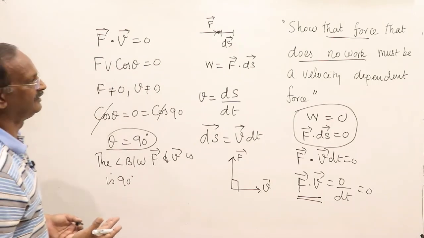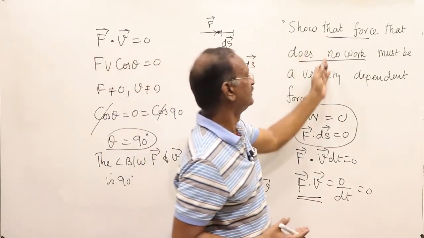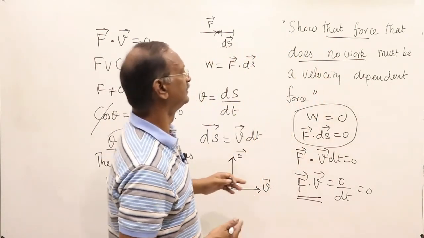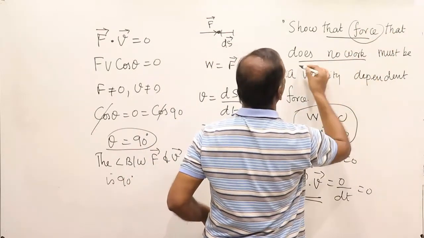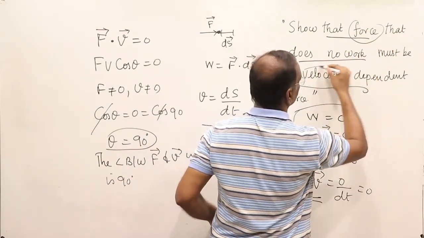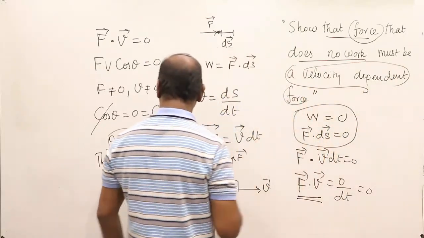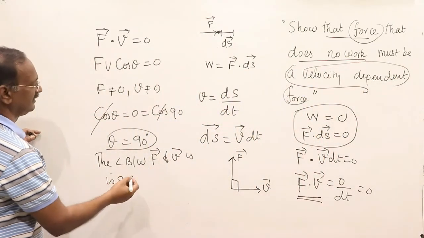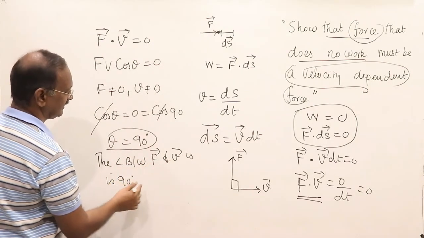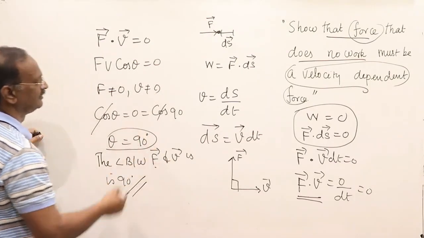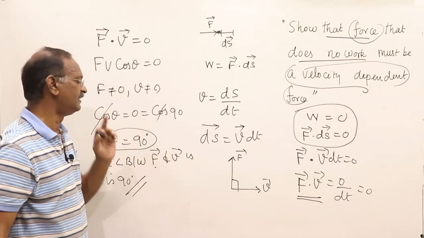It shows that the force is a velocity dependent force. Certainly, when it does no work, the angle between force and velocity is 90 degrees. It means the force which does no work is velocity dependent.